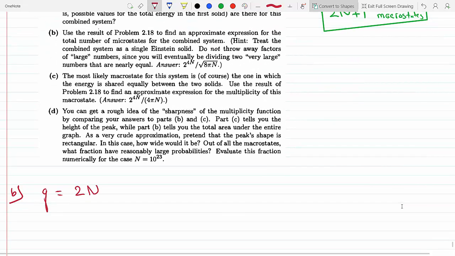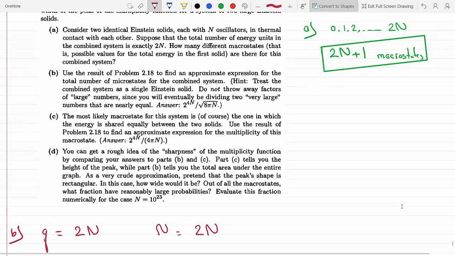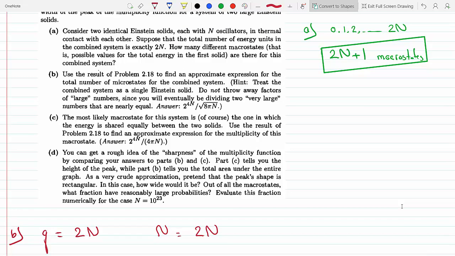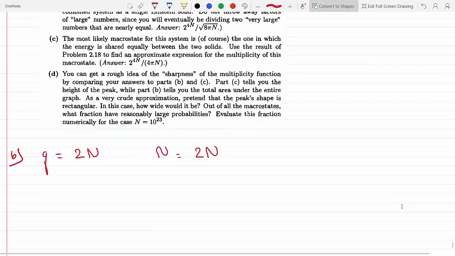So I'm gonna replace Q with 2n in that equation, and big N will now turn into 2n, because I have n oscillators on each solid, and if I'm combining them, I'm ending up with 2n oscillators. Okay, so then I could find the multiplicity. I'm just gonna copy the formula in the book, replacing Q with 2n and n with 2n.